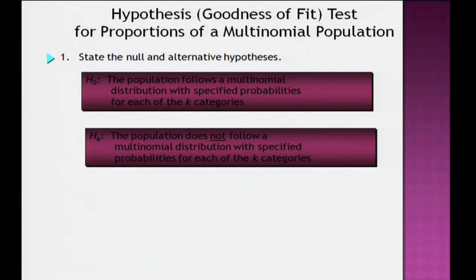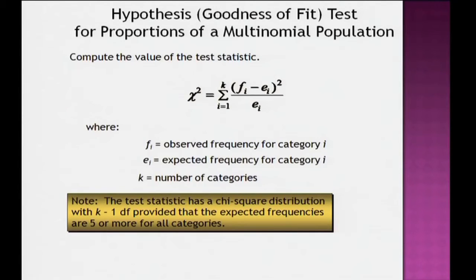Under HA, the population does not follow a multinomial distribution with specified probabilities for each of the k categories. Then here the test statistic, the symbol for chi-square is like this: chi-square, x with that extra tail on both sides, that will look like a chi-square, this is the notation for chi-square.